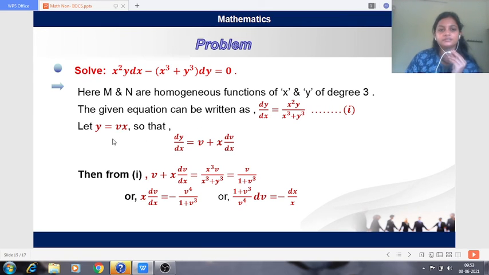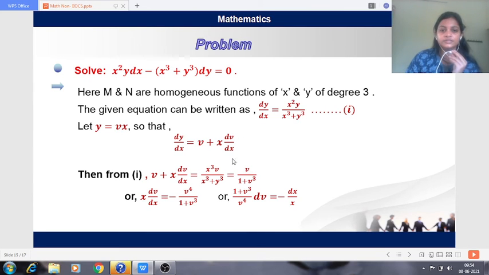Now in the second step, we put y equals vx. Now we differentiate this equation y equals vx with respect to x, and we get dy/dx equals v plus x dv/dx.